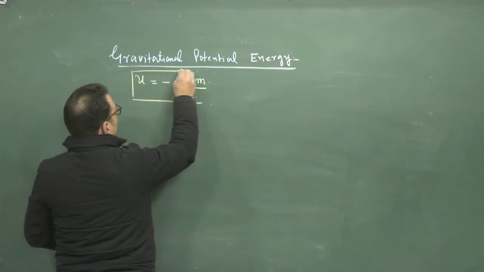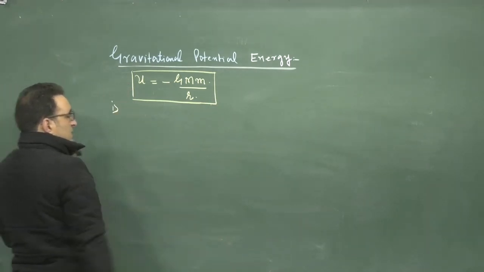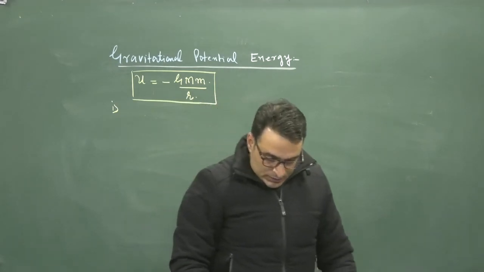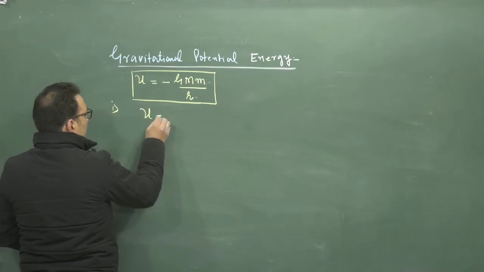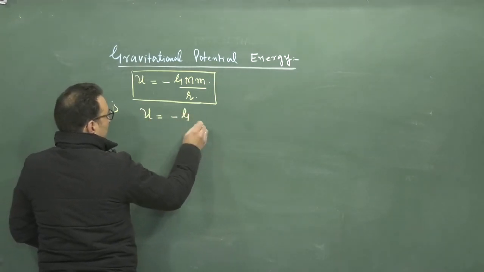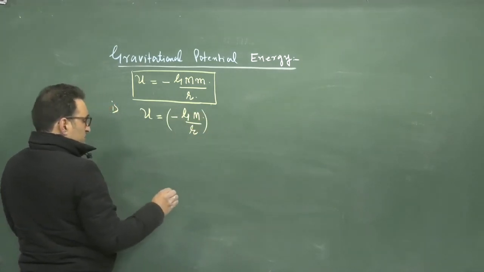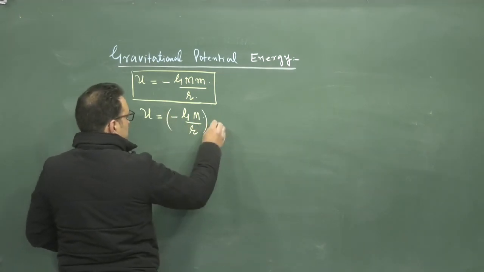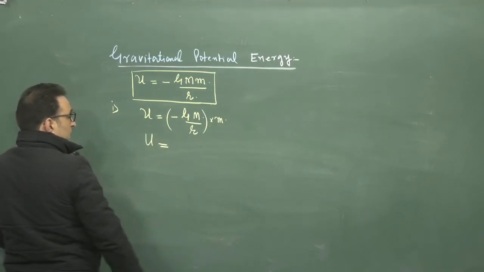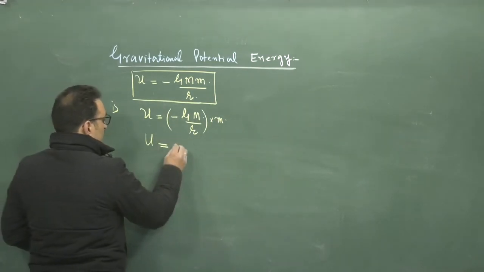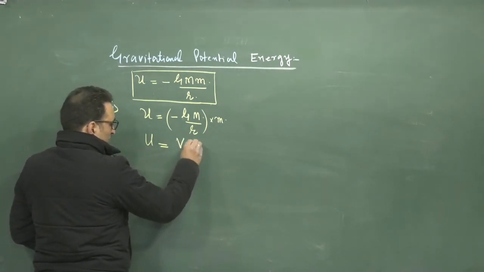Now, let me have the analysis of this equation. Point 1, analysis. Now, I can write this equation as U equals minus G capital M by r, I will put this enclosed within the brackets, and I will write here small m. Now, you might be knowing that minus GM by r stands for the gravitational potential at a certain point. We write this as V into m.